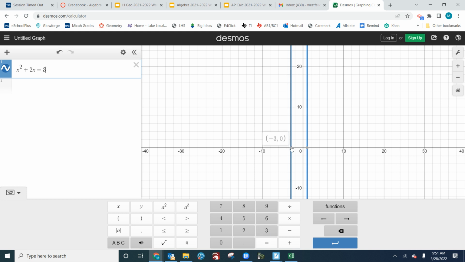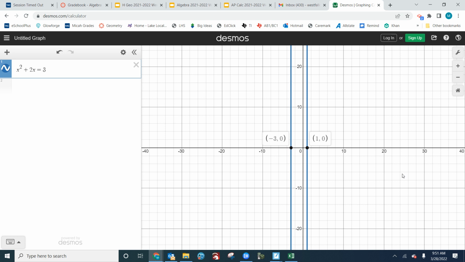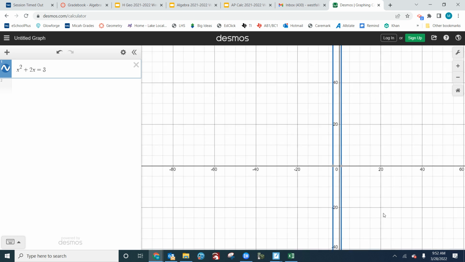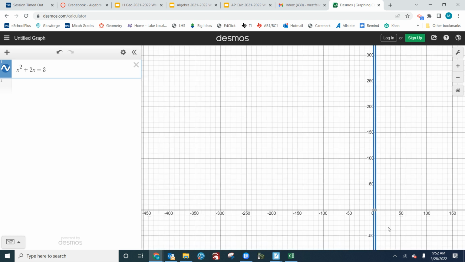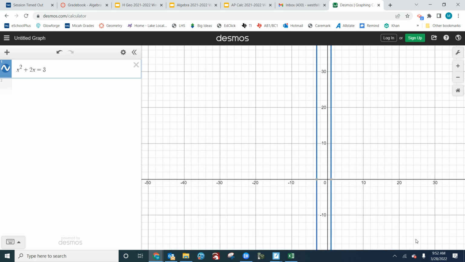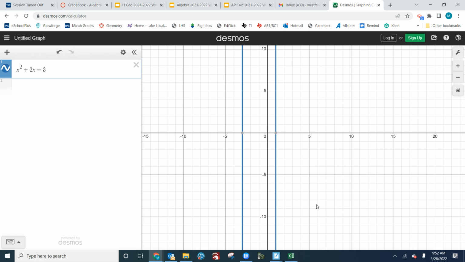What did it give me? It gave me the 2 points where x squared plus 2x equals 3. Now, that graph doesn't help me at all, right? I mean, it's a weird looking graph. But do you see how that would at least give you the solution? If you actually set them equal, type in the original problem.